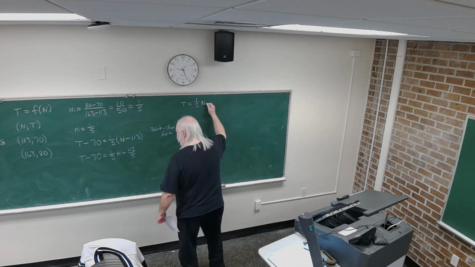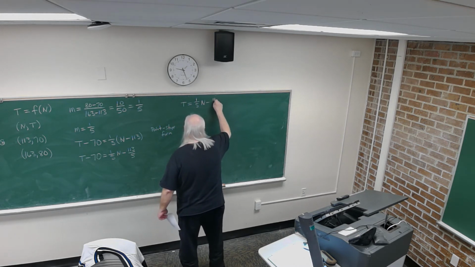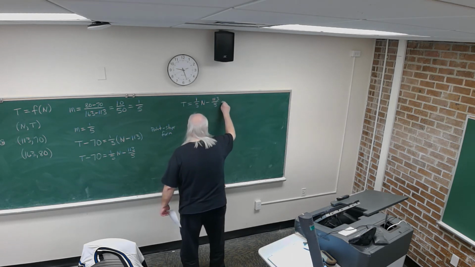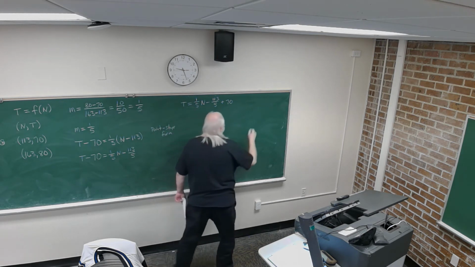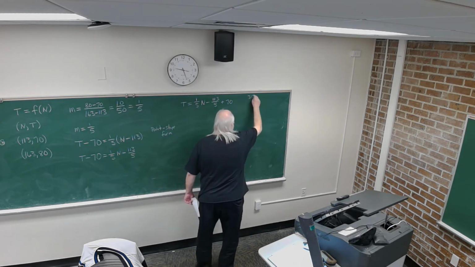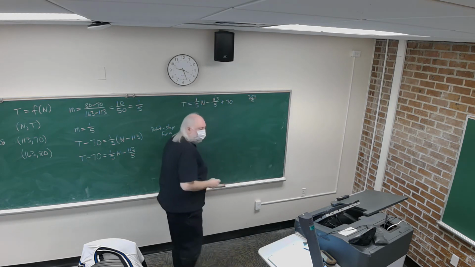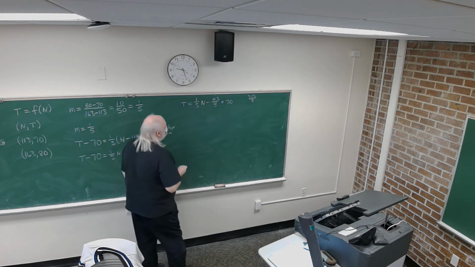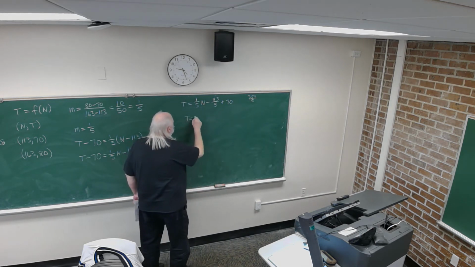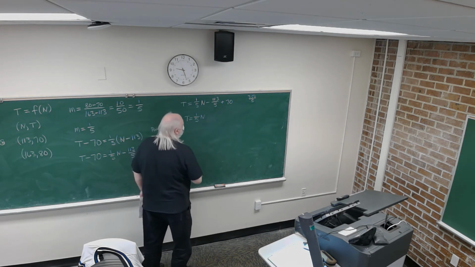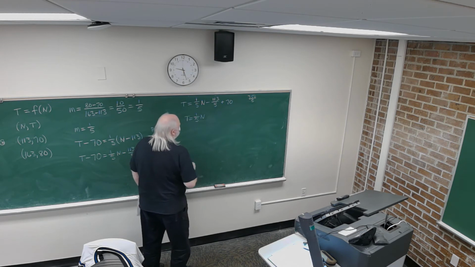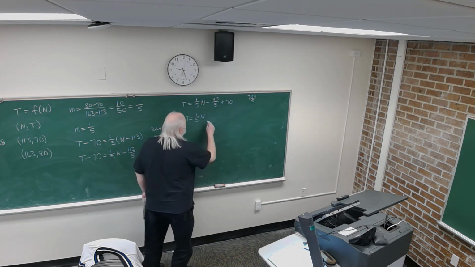And then when we add 70, well, 70 is the same as 350 fifths, right? 350 divided by 5 is 70. And so t is equal to 1/5 n, and 350 minus 113 is 237.